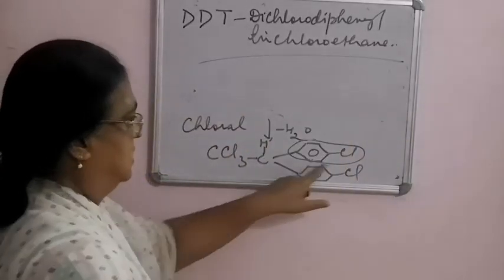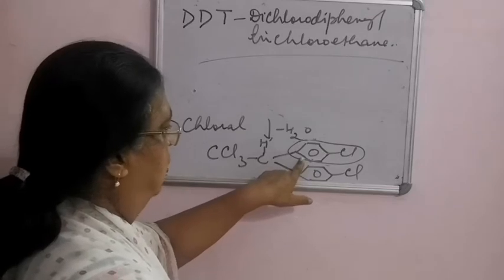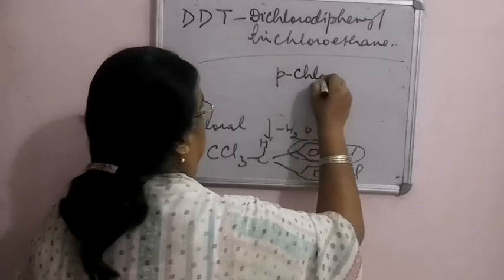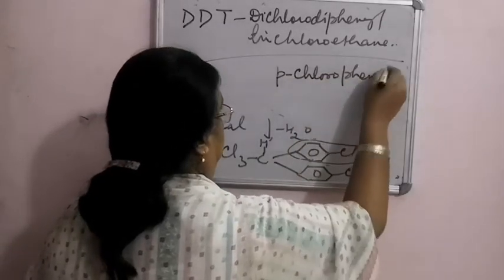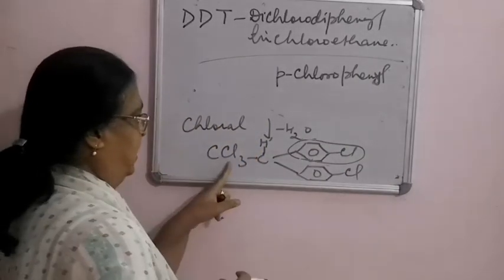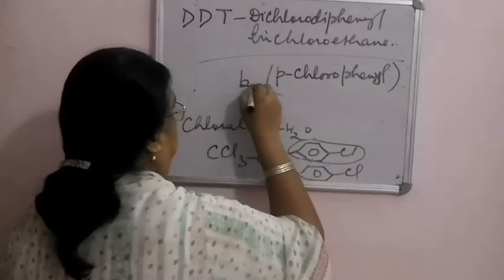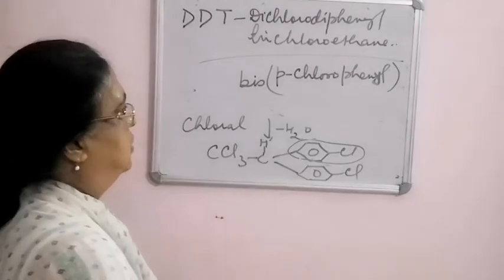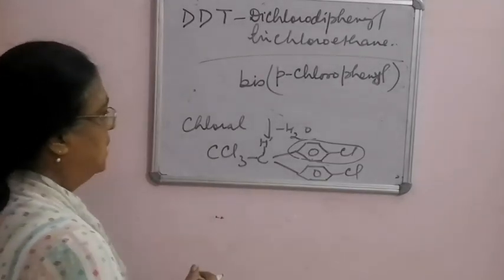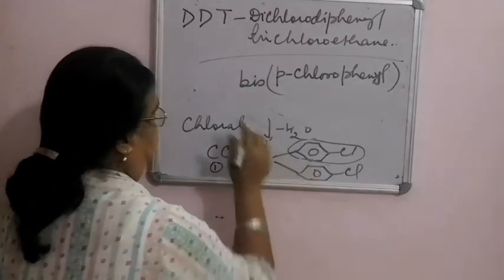Now IUPAC, this is your parachlorophenyl. How many times it is used? 2 times. We will not write di because already we are using the term tri, so we will call it bis, as we have done in coordination naming, bis parachlorophenyl. This is carbon 1, this is the chain, this is carbon 2, both of them attached to carbon 2.